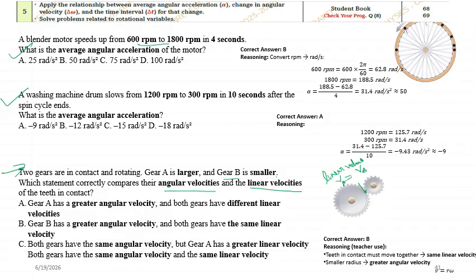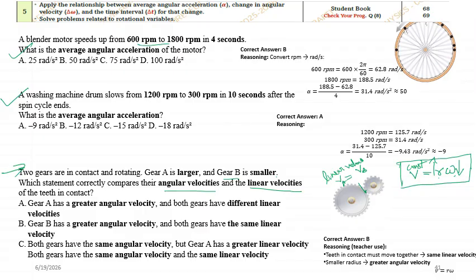Then what will be their angular velocity? This is the equation to be connected: V is equal to R omega. If V is constant, R and omega are opposite to each other, which means if radius is more, omega must be less, meaning angular velocity must be less. I'm repeating, this concept is very much needed.